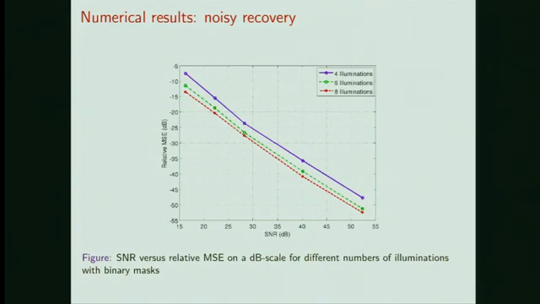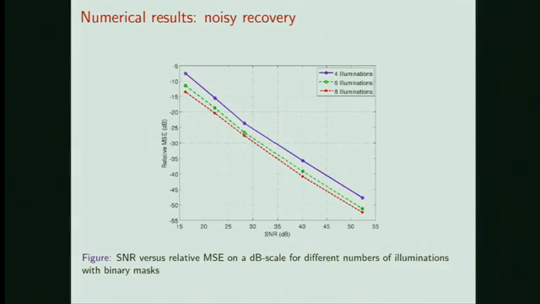Okay, so we've got this nice linear relationship between the mean squared error of recovery and the SNR, which is what you would get if we were to solve a very friendly least squares problem, even though the data is nonlinear and the recovery method is absolutely nonlinear.